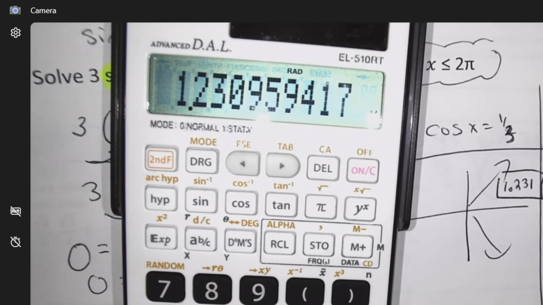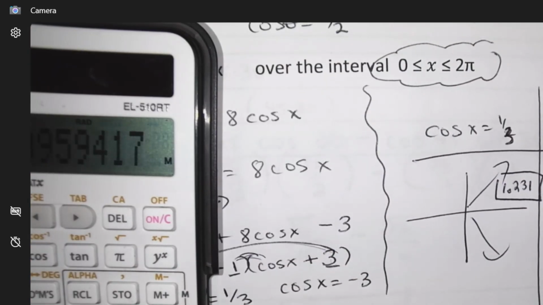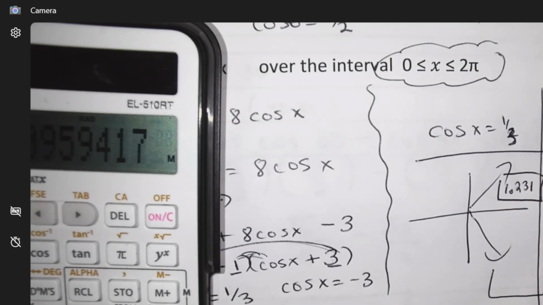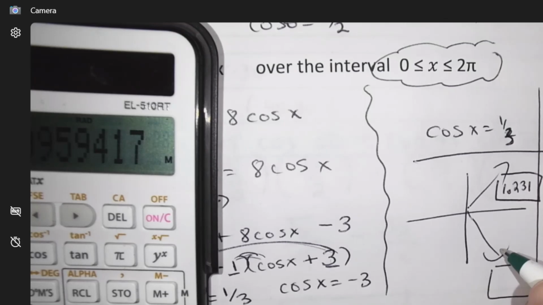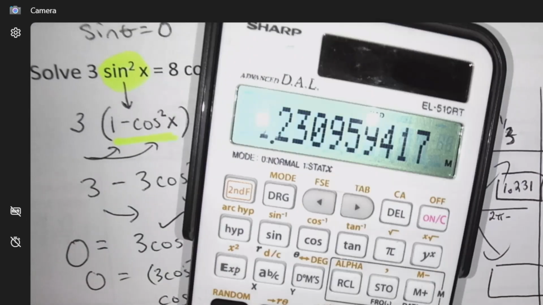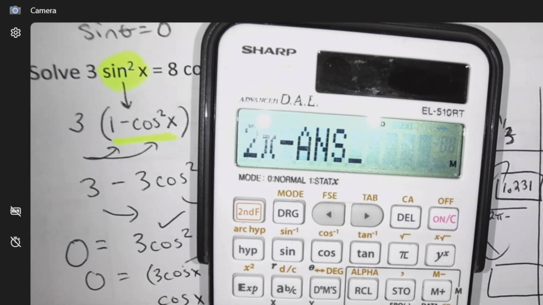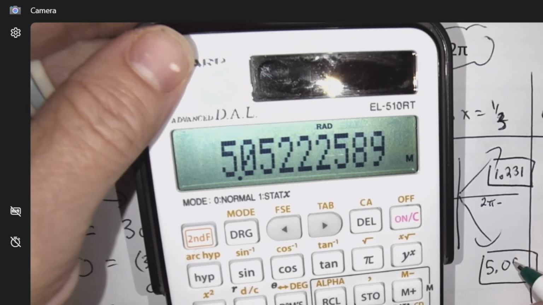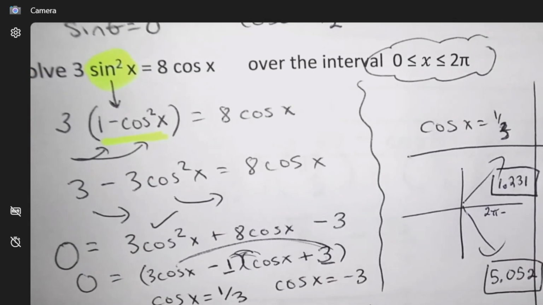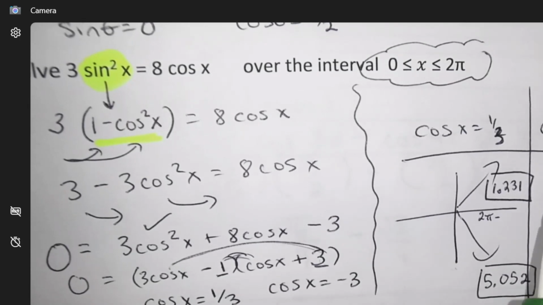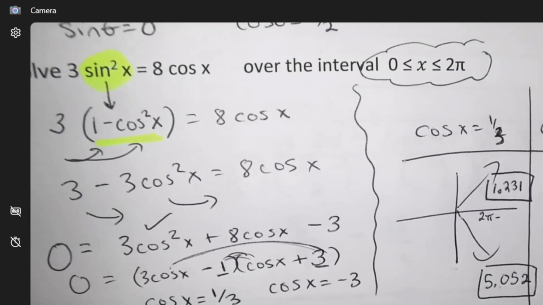That's the reference, but it is also just this answer. Q1 always has the same as a reference. And here I'm doing what to get this location? 2 pi minus that reference gets me 5.052. That makes sense. Remembering that in this quadrant, there's 4.7 here, 6.28 there, so that makes a good number.